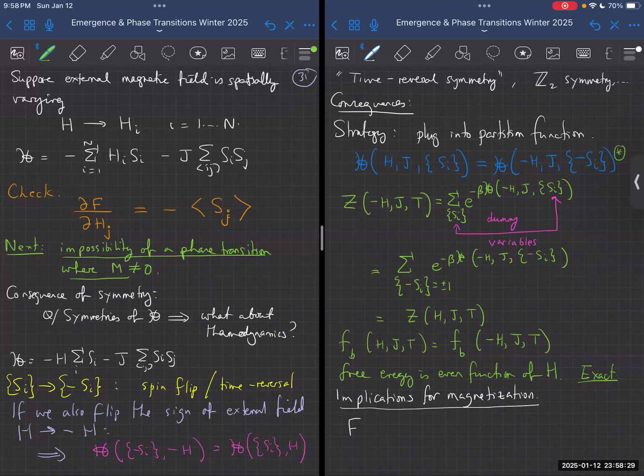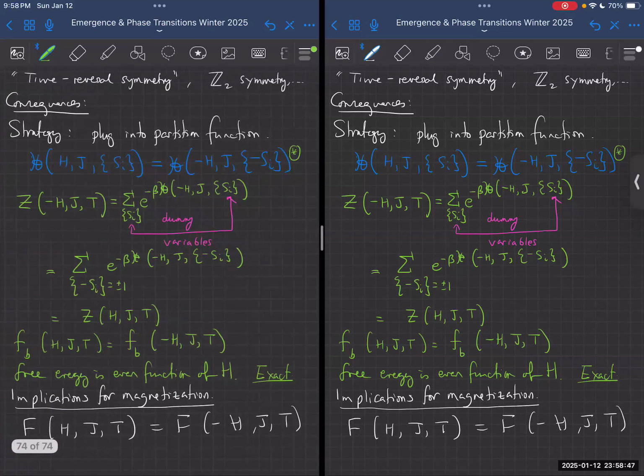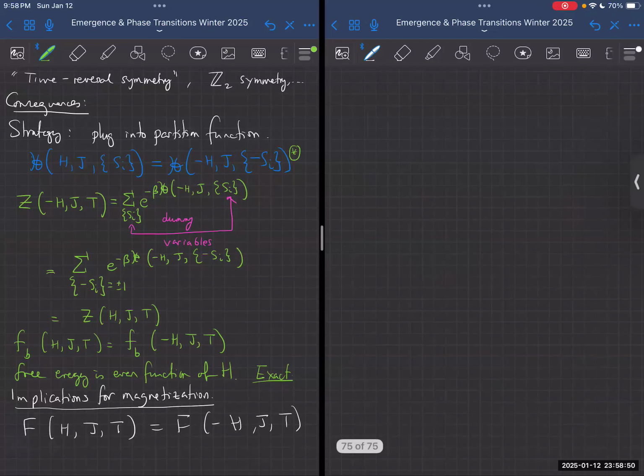What I've just told you is that F of H, J, and T is equal to F of minus H, J, and T. Let's not really worry about the J, so I'll just forget about that. So if that's the case, then if I differentiate it, well, I know that the magnetization as a function of the external field is equal to minus dF by dH.